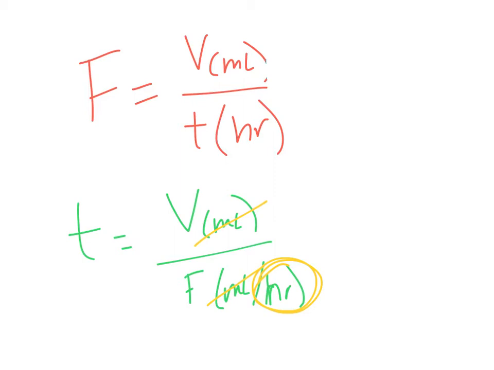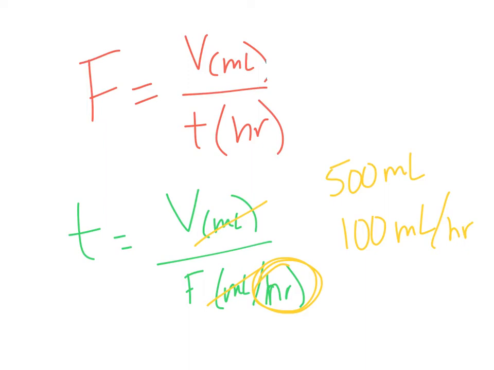So starting with something kind of simple, say a patient needs to be given 500 milliliters at a flow rate of 100 milliliters per hour. Let's think about that logically for a second. They're getting 100 milliliters each individual hour until they reach a total of 500. So they're going to get 100 milliliters in hour 1, 100 milliliters in hour 2 to give them a total of 200.